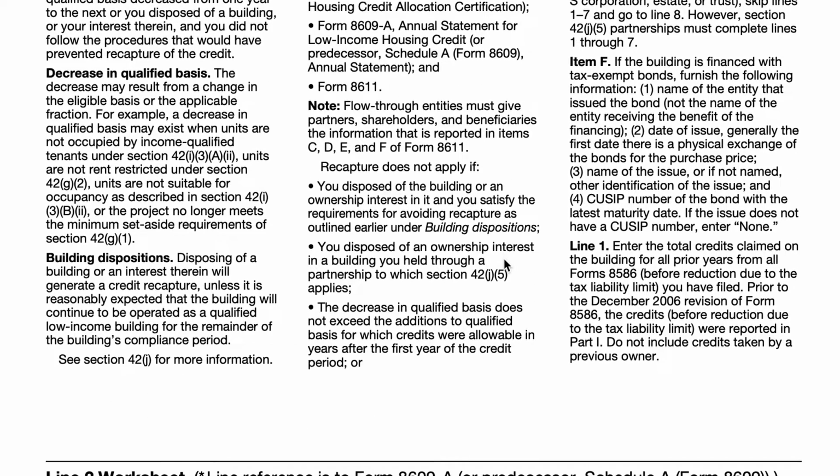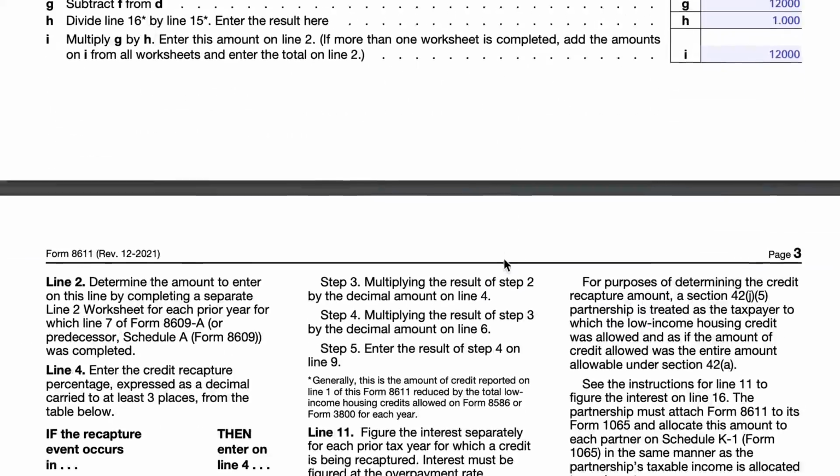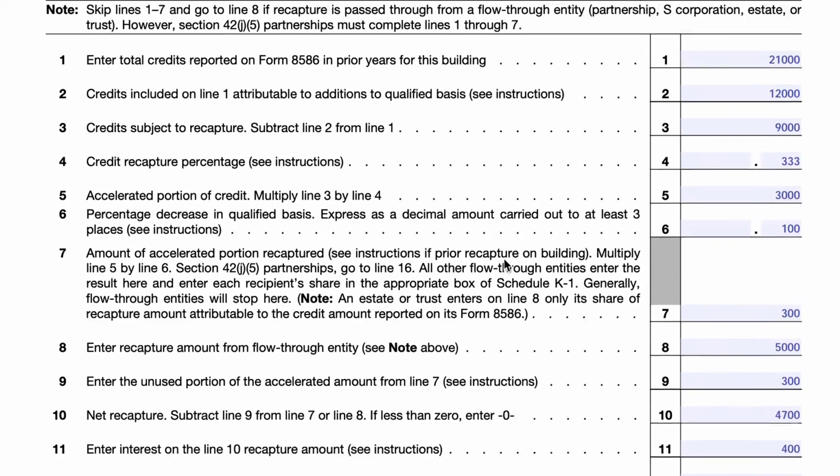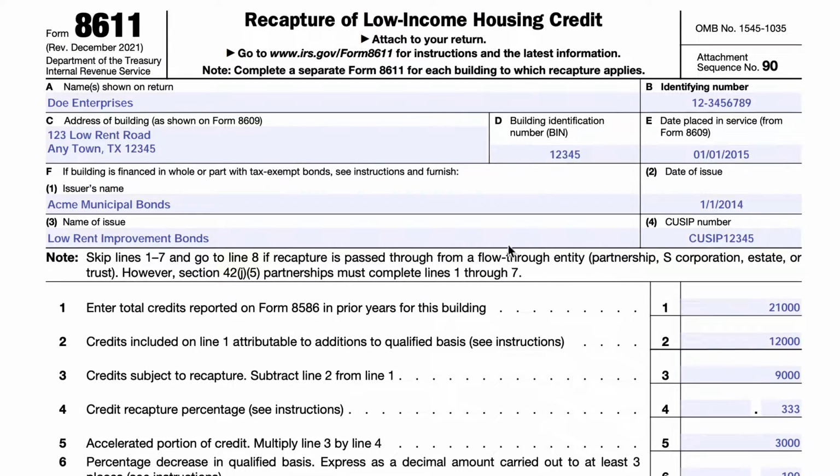So that's a lot to say, but let's take this one step at a time. And we'll begin at the top of the form. We've already completed the calculation. So in item A, we're entering the name of our taxpayer. In this case, it's Doe Enterprises. We'll just call this a single person disregarded tax entity.